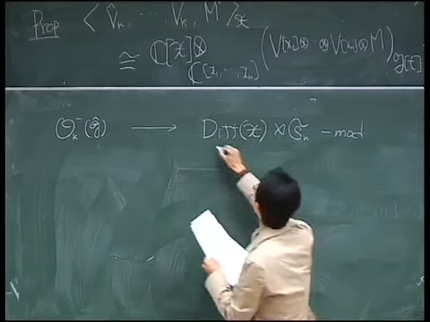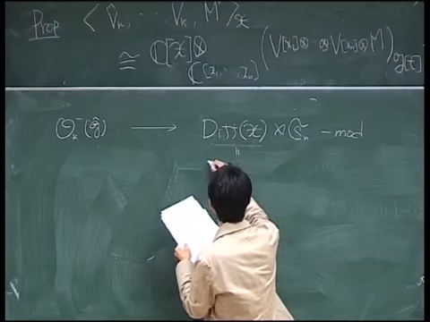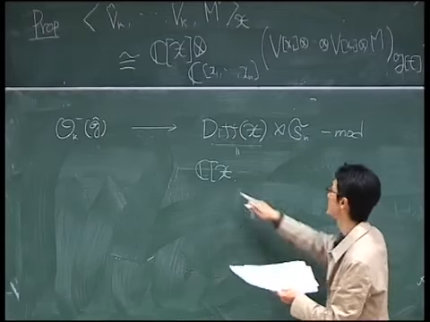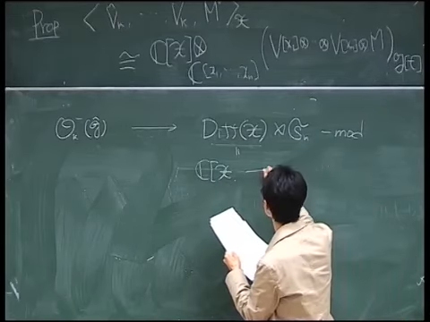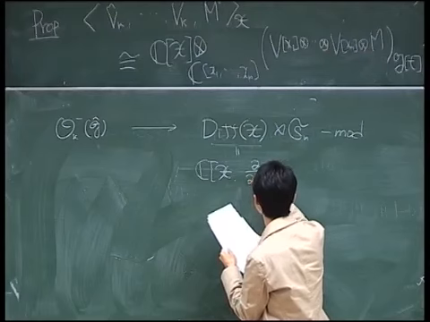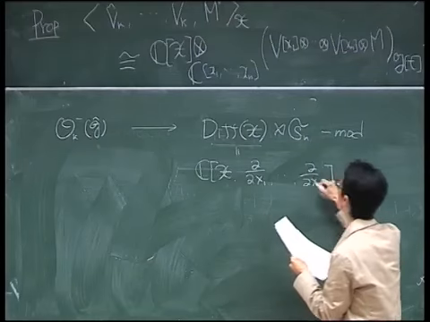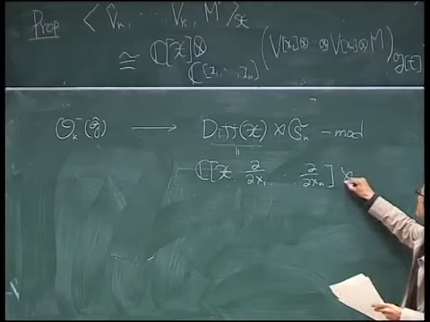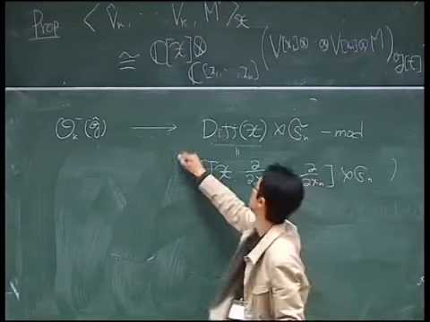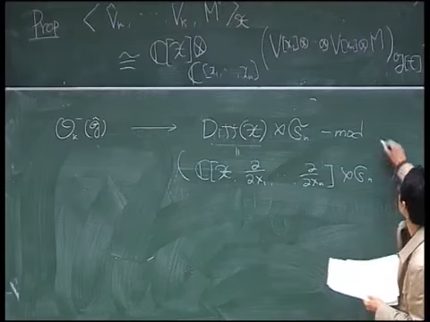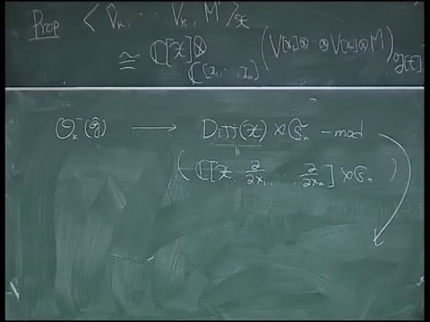So here, Diff X is the algebra of algebraic differential operators on X, and that is the symmetric product with n. So recall that this is just a coordinate ring part, and so this is a simple algebra. And then, as I said before, we take monodromy.